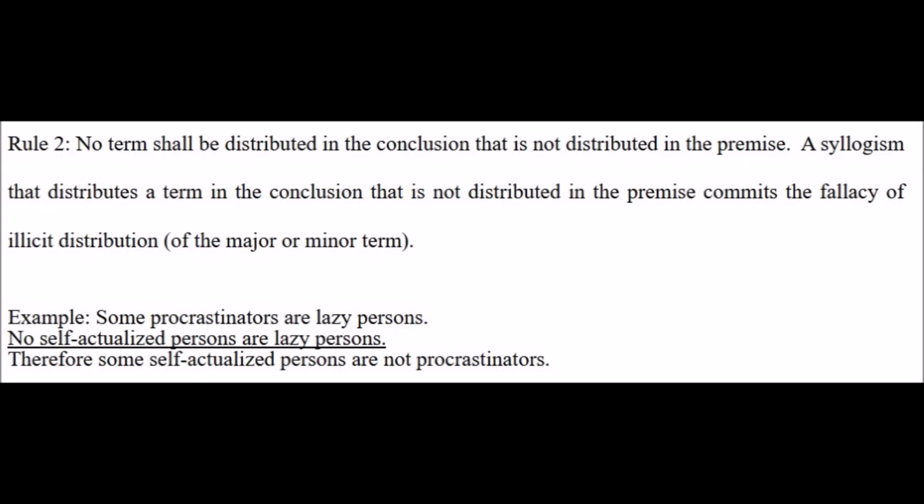Number 2, no term shall be distributed in the conclusion that is not distributed in the premises. A syllogism that distributes a term in the conclusion that is not distributed in the premises commits the fallacy of illicit distribution of the major or minor term.